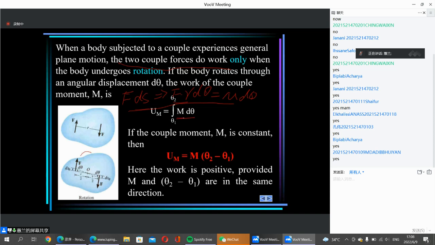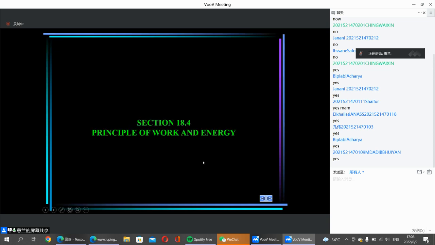If the moment is a constant, that will be lucky, and it simplifies to the moment times d theta. When the moment and d theta are in the same direction, the work is positive, and vice versa.